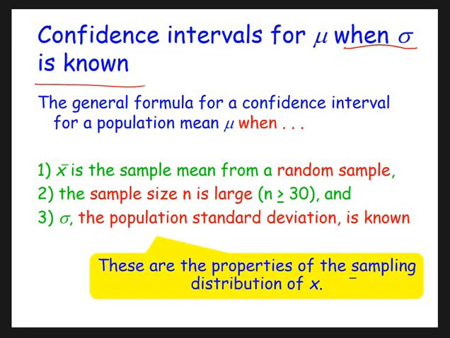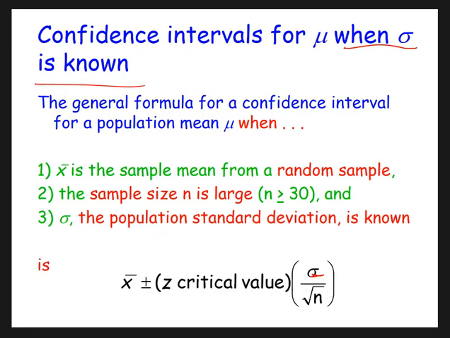And of course, that first requirement has to be a random sample. So these are the properties of the sampling distribution for X bar. Then the confidence interval for the population mean is going to be X bar, our point estimate, plus or minus our critical value times our standard error. That is our margin of error, or bound on error, again.